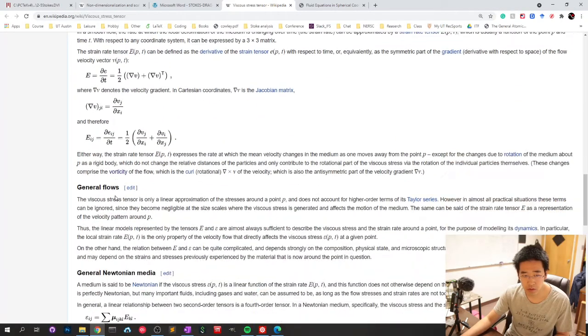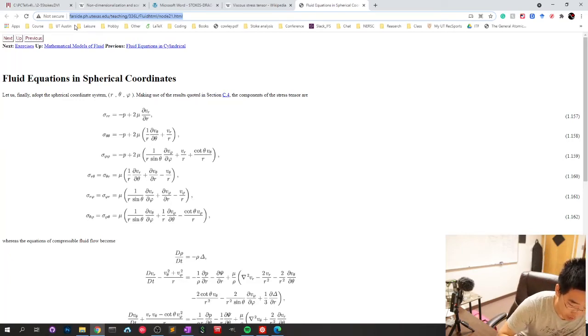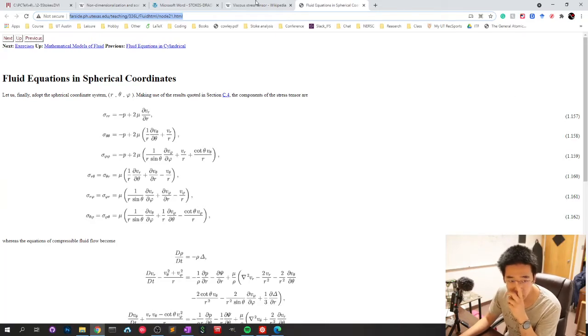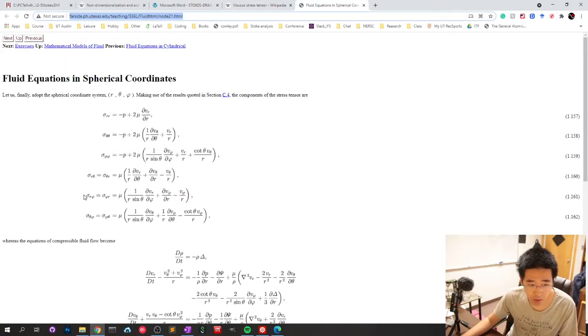There is really good documentation, but what we care about is pretty much the fluid equation in spherical coordinates, and we have nice notes from Dr. Fitzpatrick. What we care about is sigma r theta, sigma theta r.